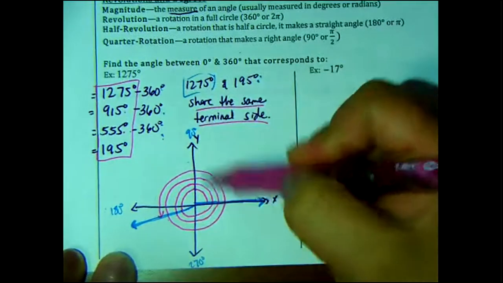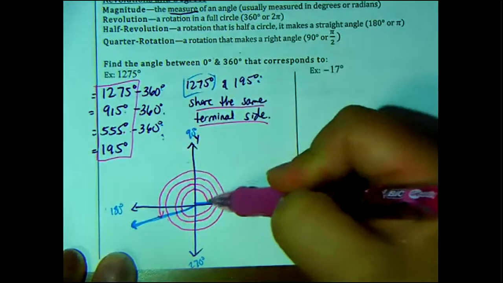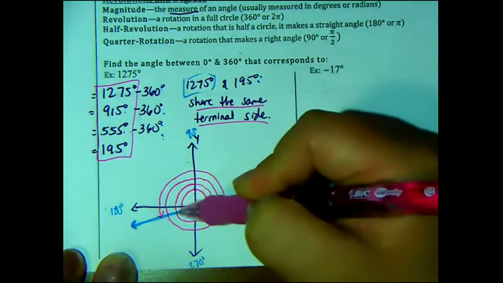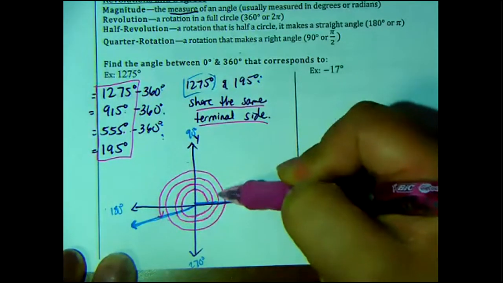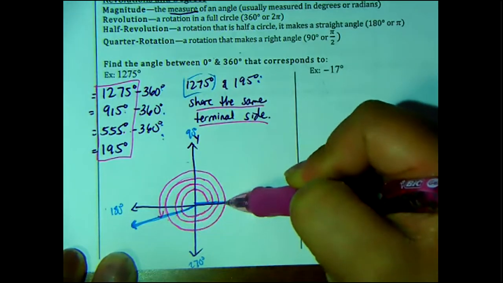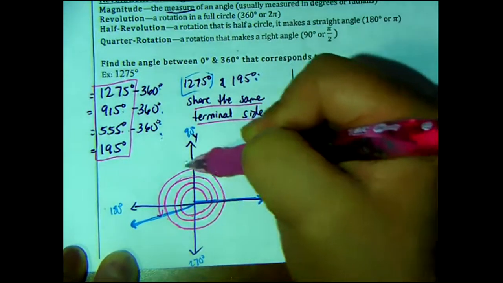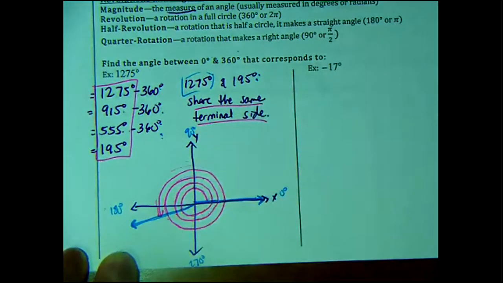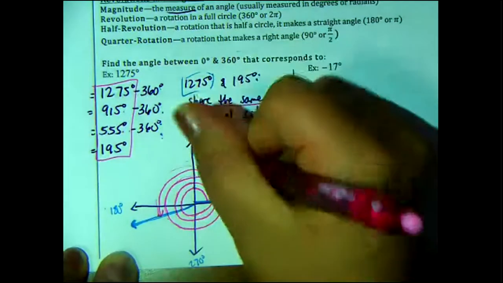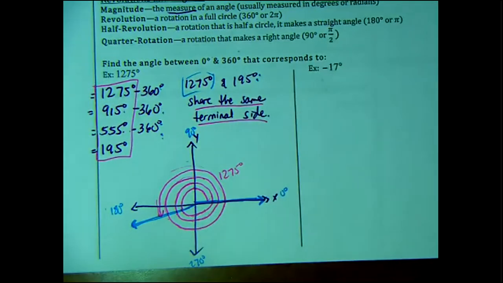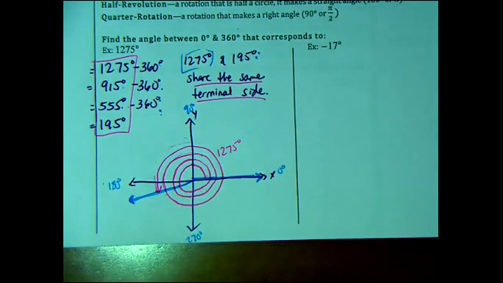Why? Because I have 3 full revolutions, 1, 2, 3 full revolutions plus the 195 degrees there. Okay, so this right here is our 1,275 degree angle. Okay, and that's the graph of our angle right there.